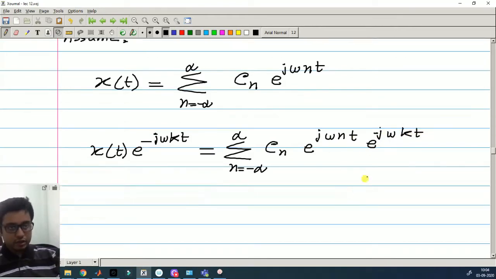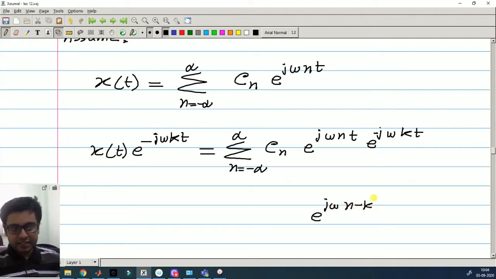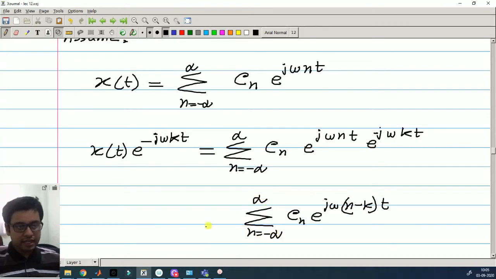Now you can merge these two exponentials into one as e to the power j omega (n minus k) t, Cn, sum over all integer n's, and this is the left side.